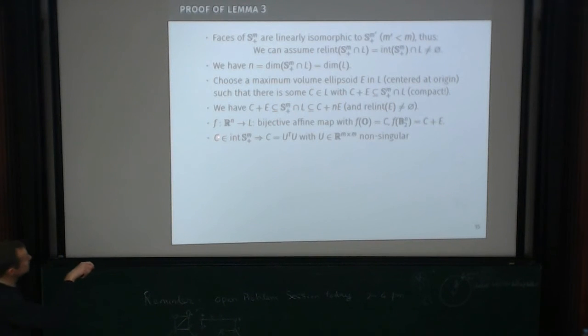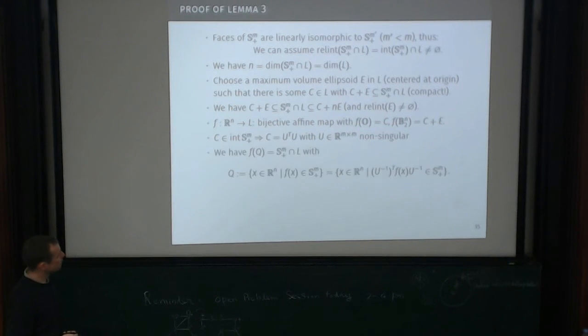So C needs to be a positive definite matrix. Since C is positive definite, the Cholesky factorization will have non-singular factors, and we can use these factors to transform our situation as we want.